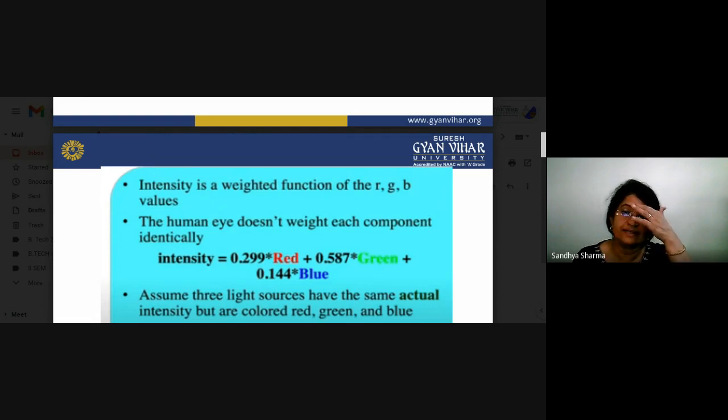Intensity is equal to 0.299 red, 0.587 into green plus 0.144 blue. This assumes three light sources have the same actual intensity but are colored red, green, and blue. So we have to see that three light sources have the same intensity, but they are different colors.